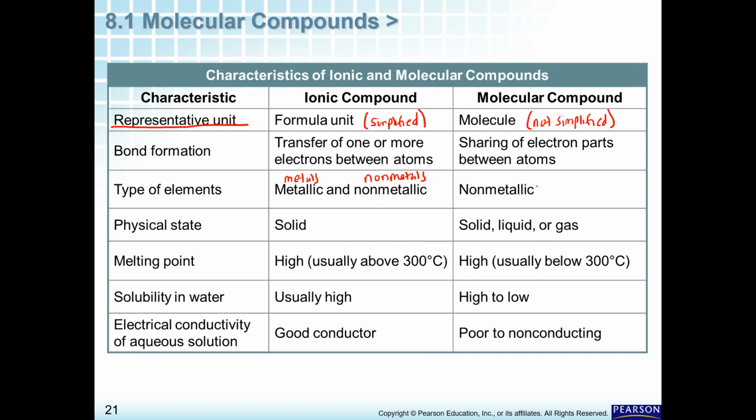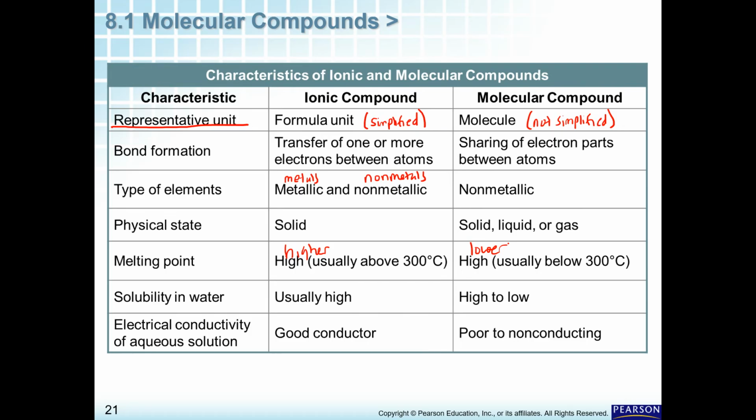Sometimes we say metalloids in there because they can be thrown in, just no metals. For the physical state, ionic compounds are typically solids, whereas molecular compounds can be solids, liquids, or gases. And then for the melting point, this one says high and high, but I'm going to actually say these ones are typically higher. And then over here, because it says below 300 degrees Celsius, these are going to have lower melting points.